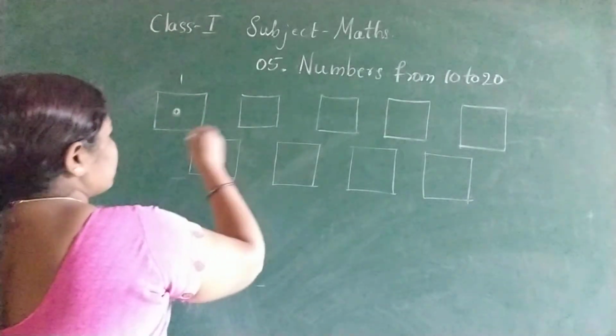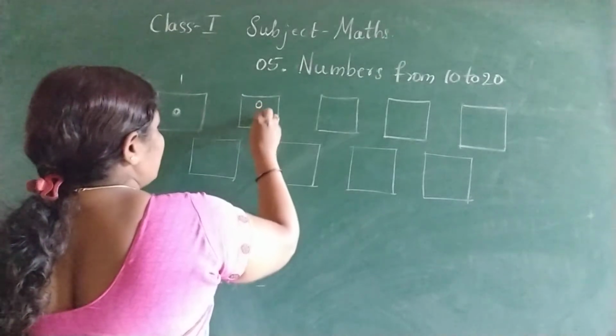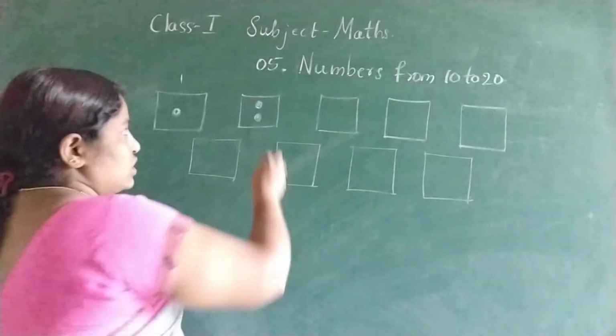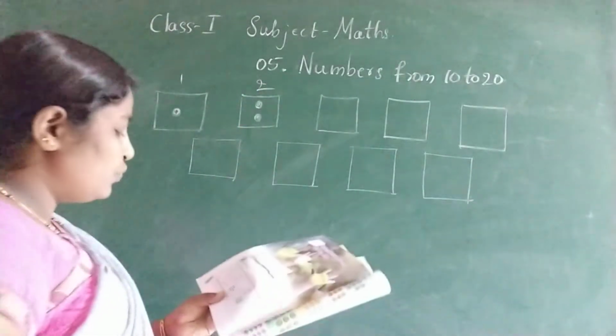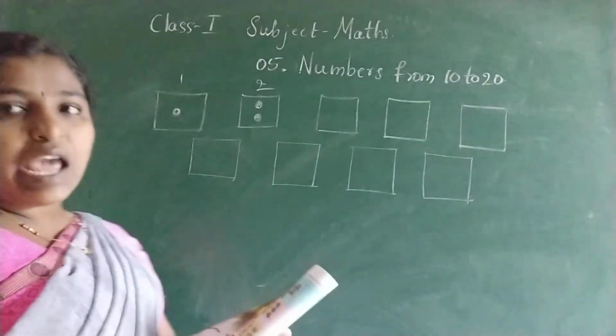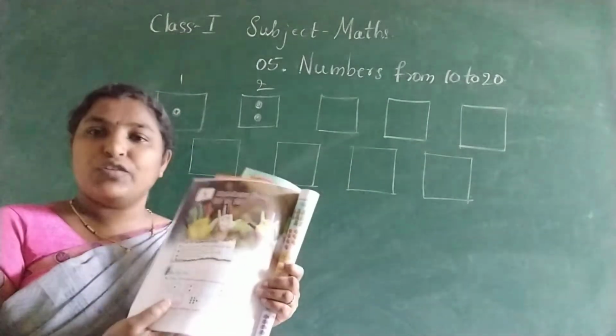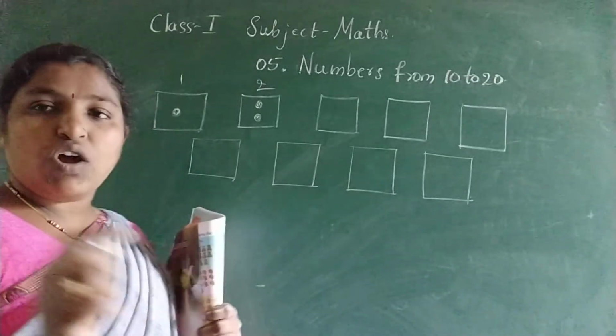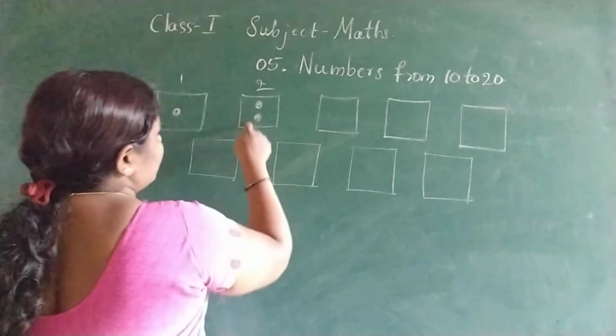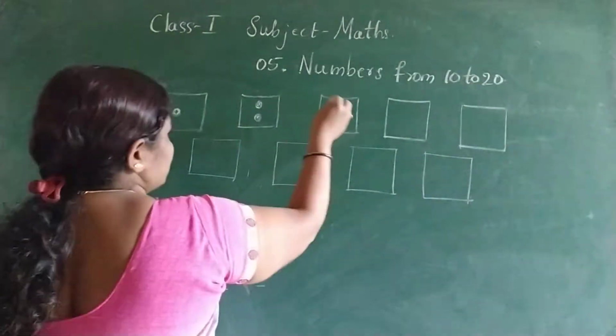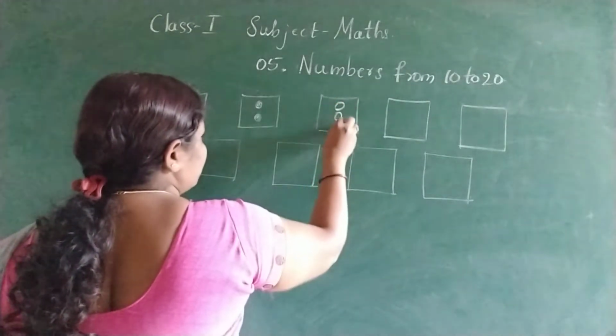This is 2 with 2 dots. Next, the box is empty in your book. You have to draw this. How many dots should we draw here? 1, 2, then 3 we should draw. 1, 2, 3.